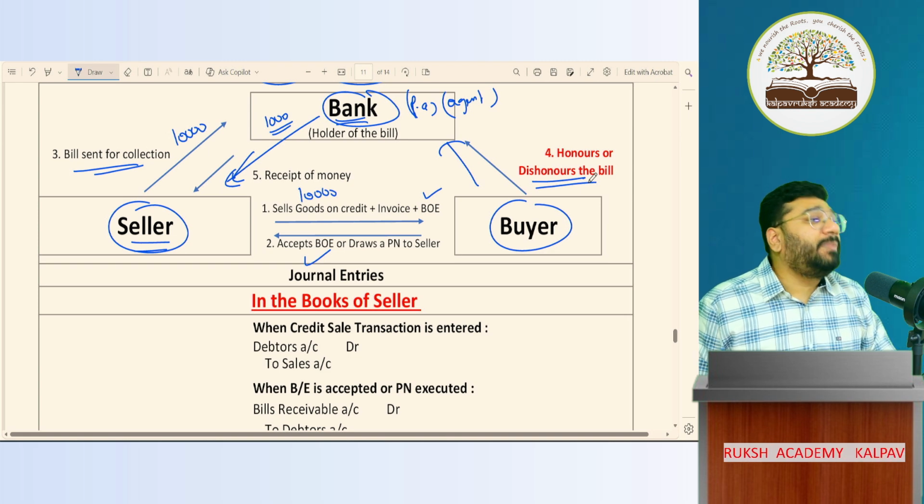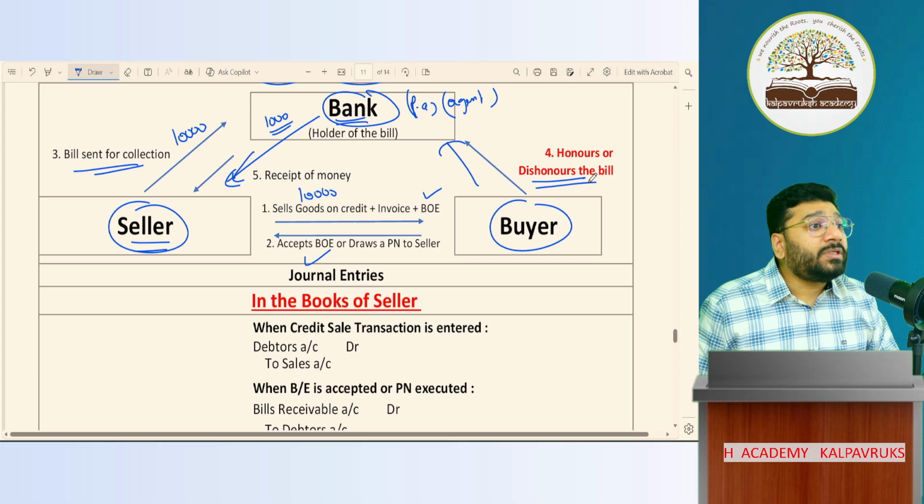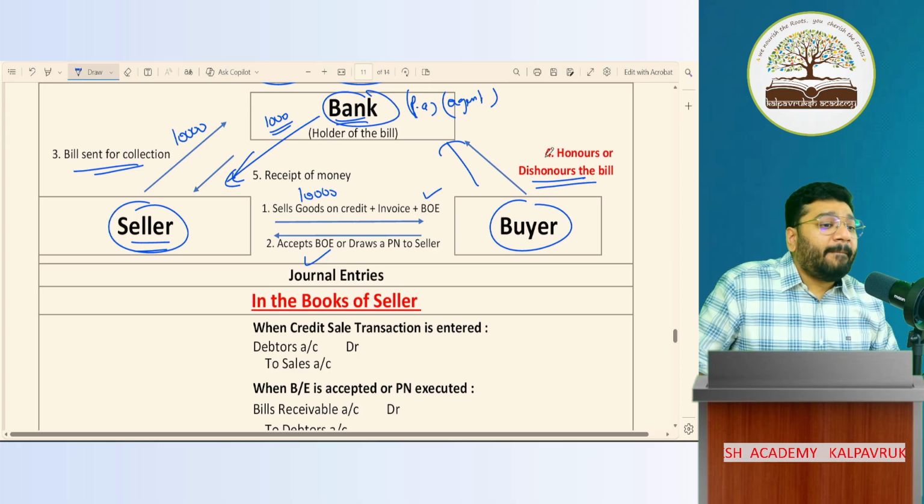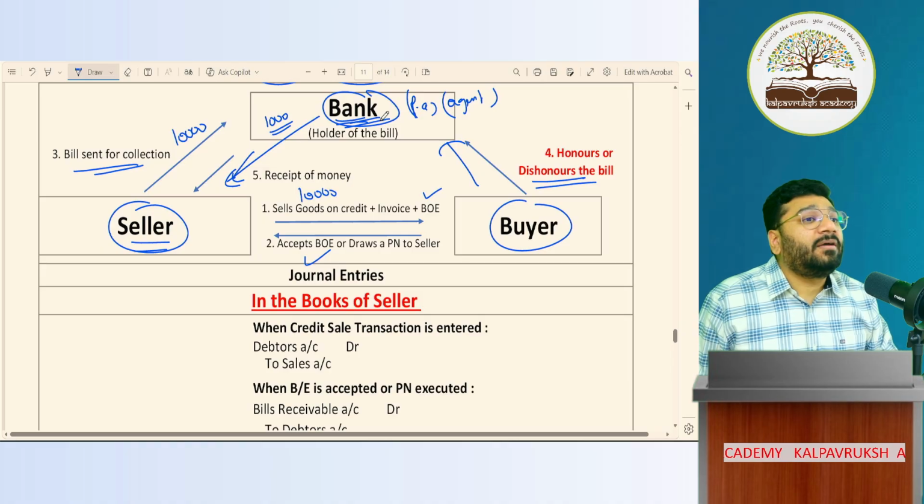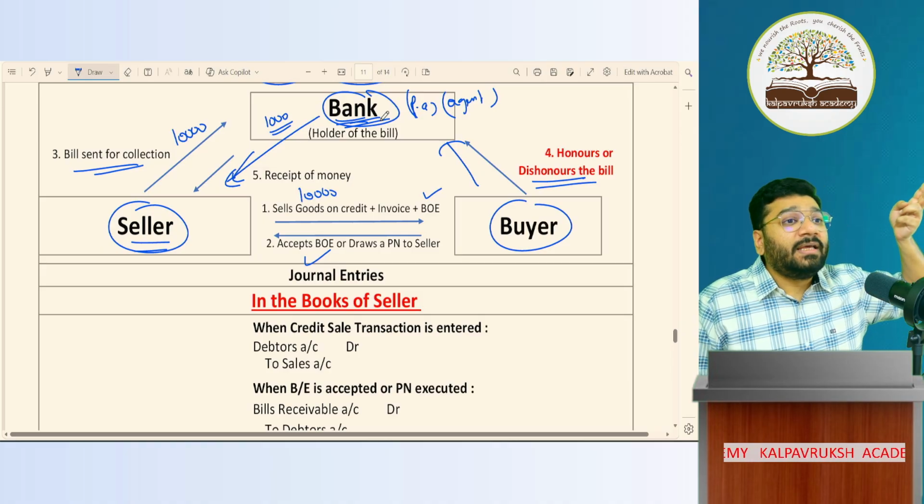Who is now responsible to bring the notary public and get the noting work done? Bank or the seller? Wrong. Bank here is the agent of the seller. He is working on behalf of the seller.